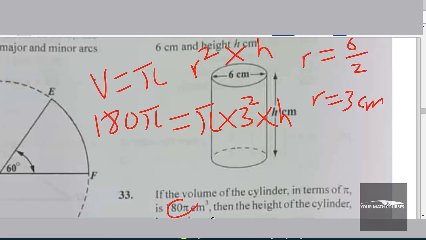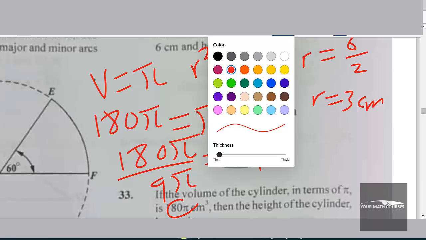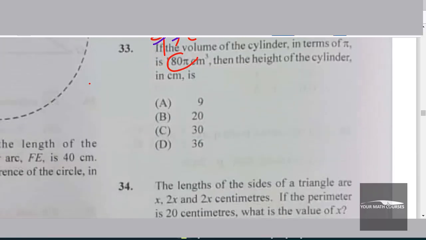So 3 squared is 9. So 180 pi over 9 pi will be equal to h. So this can cancel out like this. This will cancel this. 9 will go into 180 20 times. So the height will be 20 centimeters.